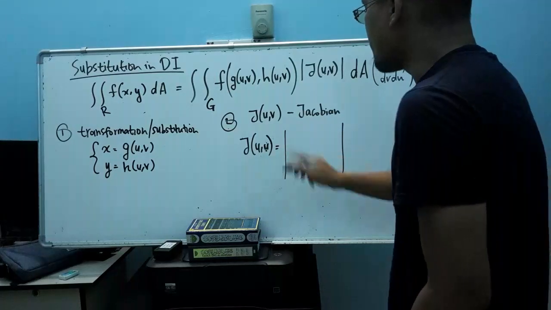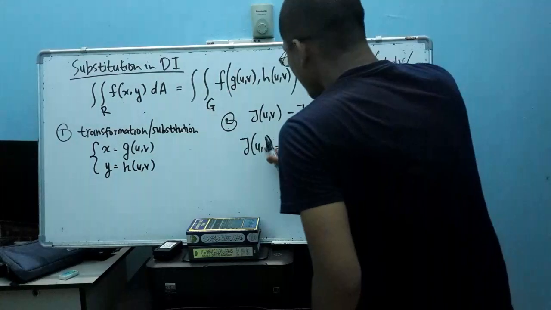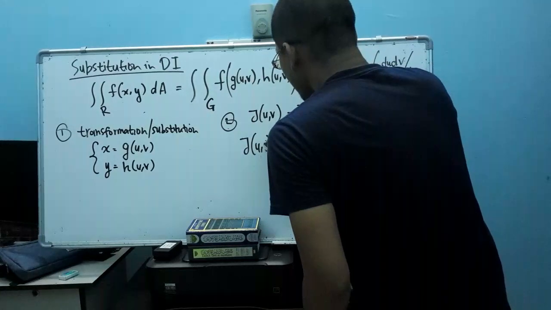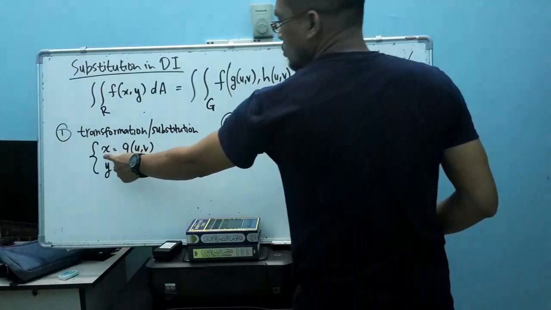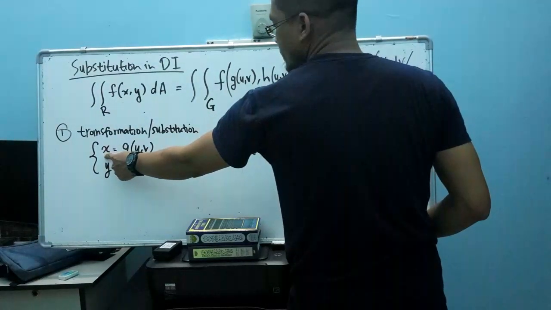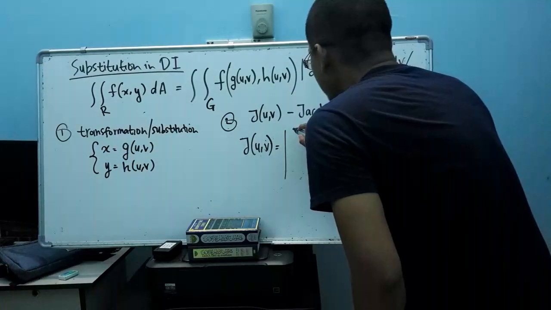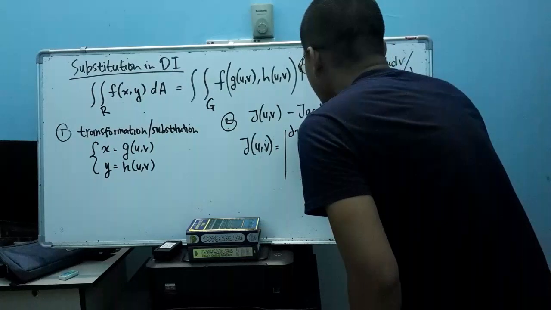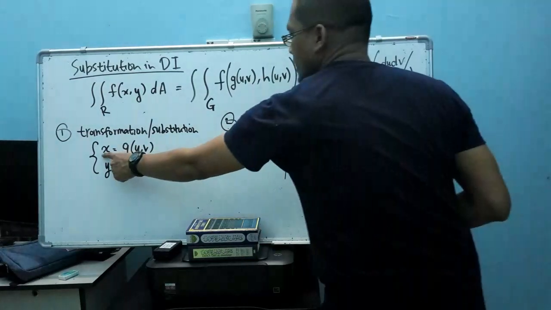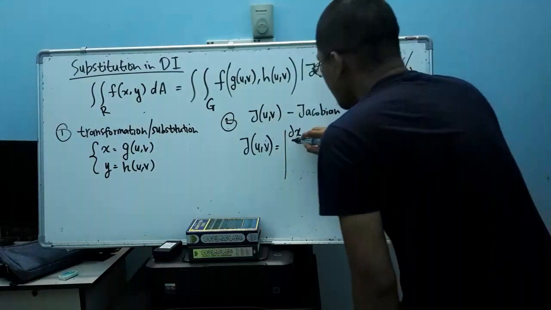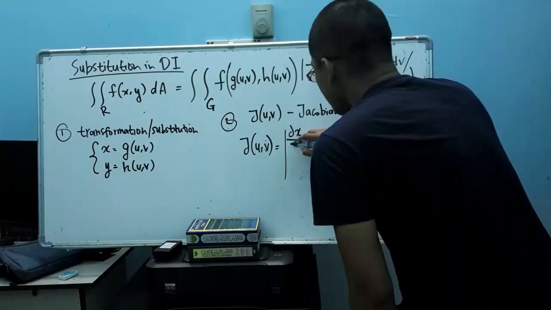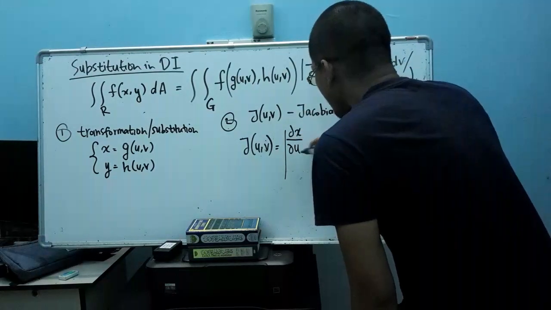Since I have two functions here, x and y, the first element is the partial derivative of x with respect to u.